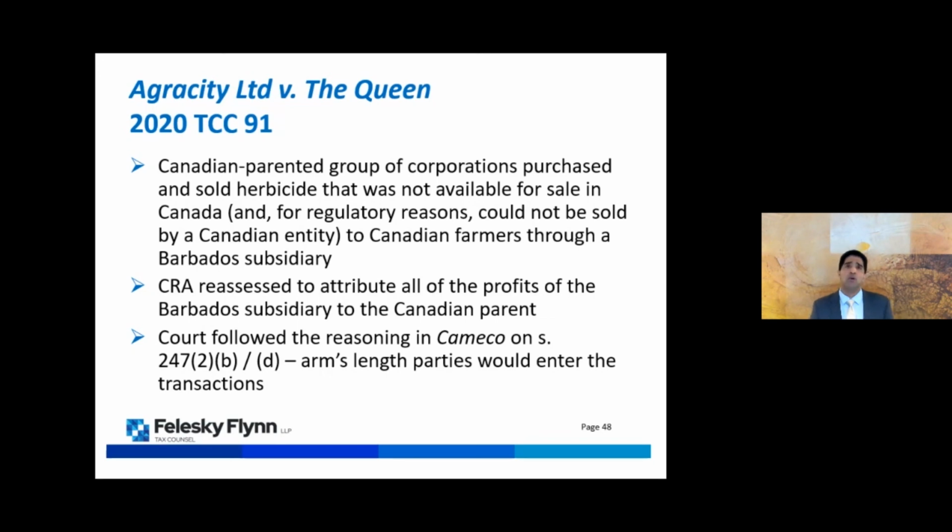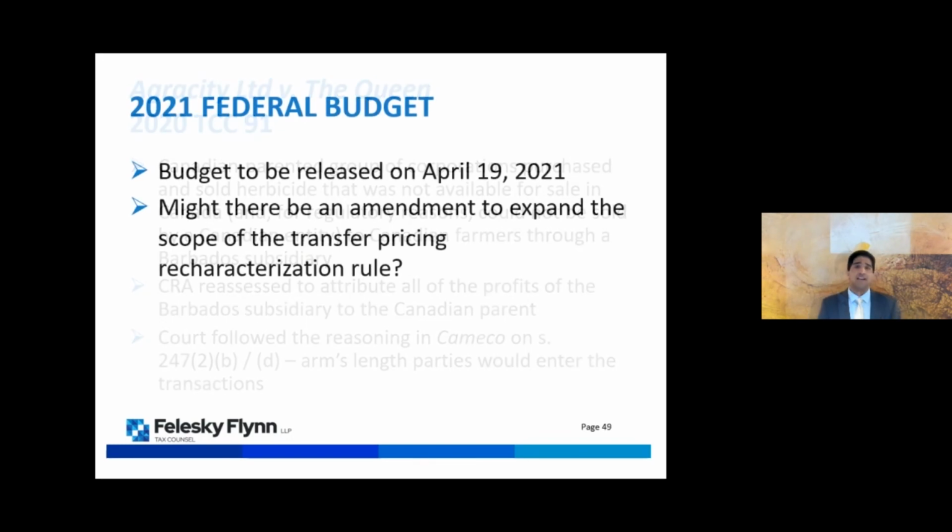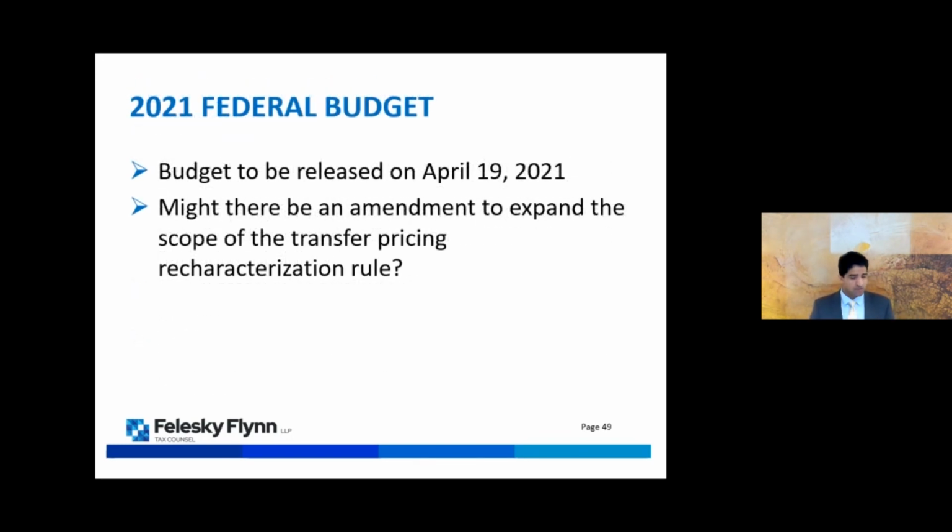And now in Cameco, the Supreme Court of Canada has said, we're not granting leave to appeal. So the state of the law is favorable to the taxpayer in this regard. And as I say, it's not really where the CRA wants to take the law and the law of transfer pricing in Canada.